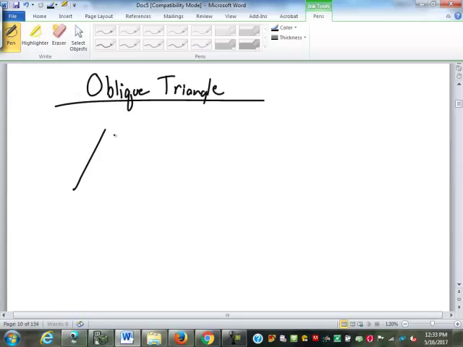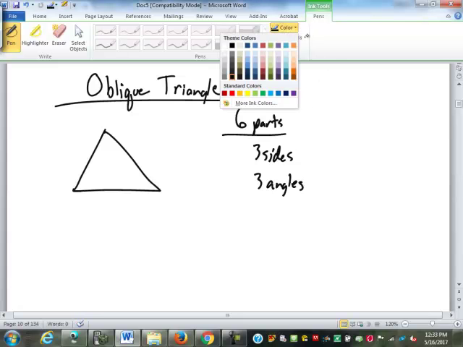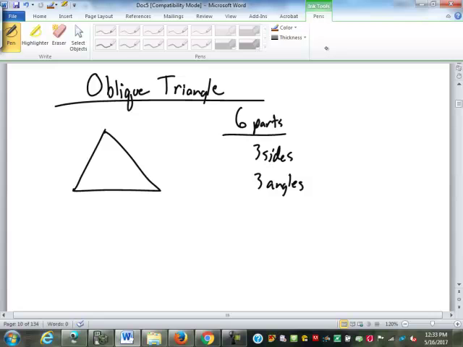So we're looking at a triangle, something like this, with no right angles in it. Now, all triangles have 6 parts. We have 3 sides and 3 angles. We need at least 3 of those pieces to be able to find the other pieces.